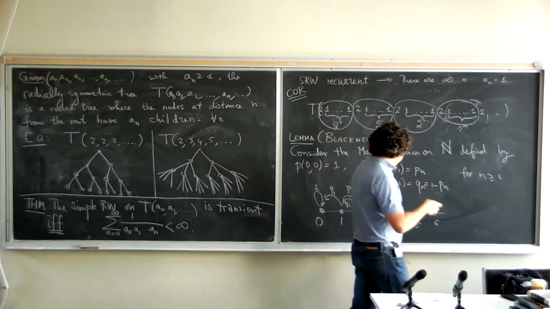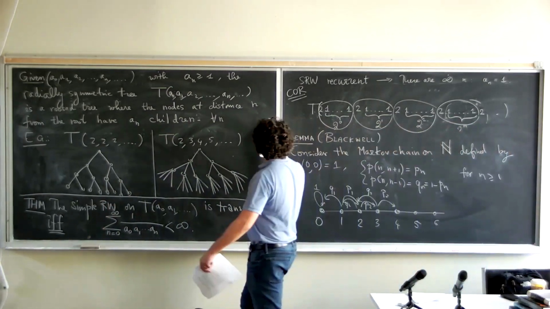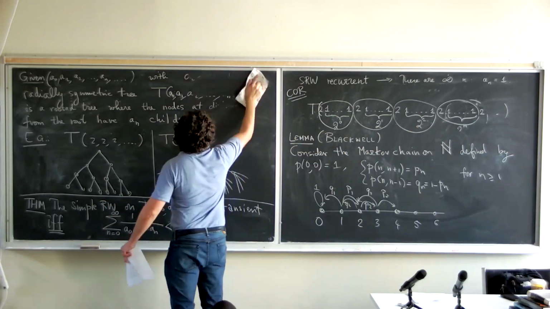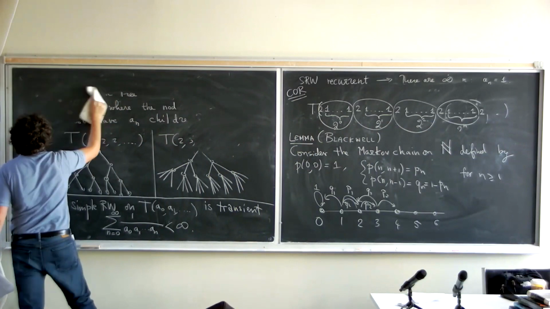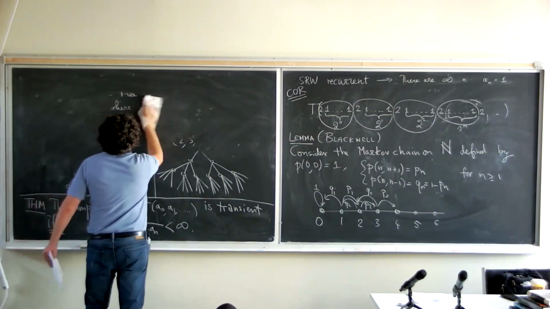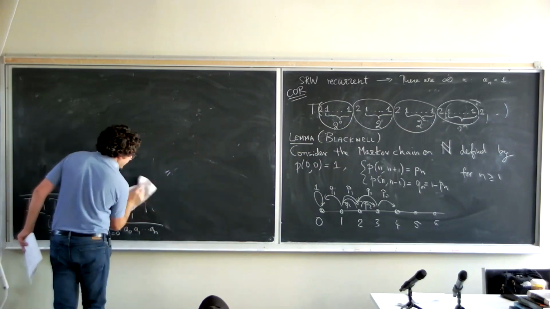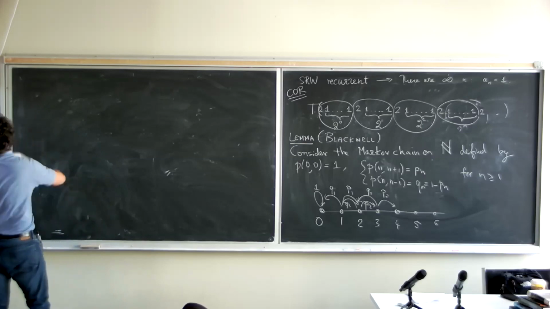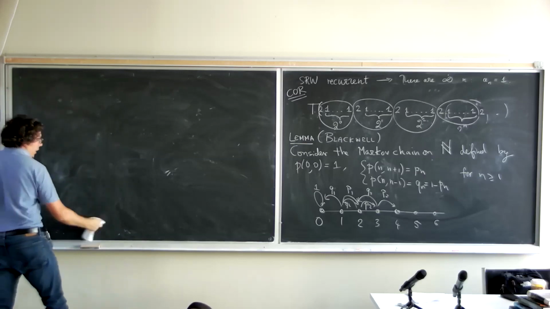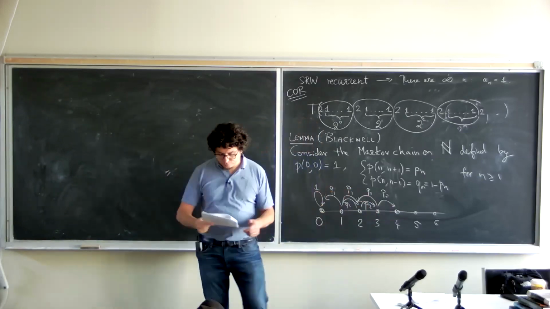And now the question is, is this Markov chain recurrent? So again, for instance, do you hit 0? So if you're in 0, you stay in 0. So you don't do anything. But the question is, if you start from some other point on the line, are you gonna eventually hit 0 or not?